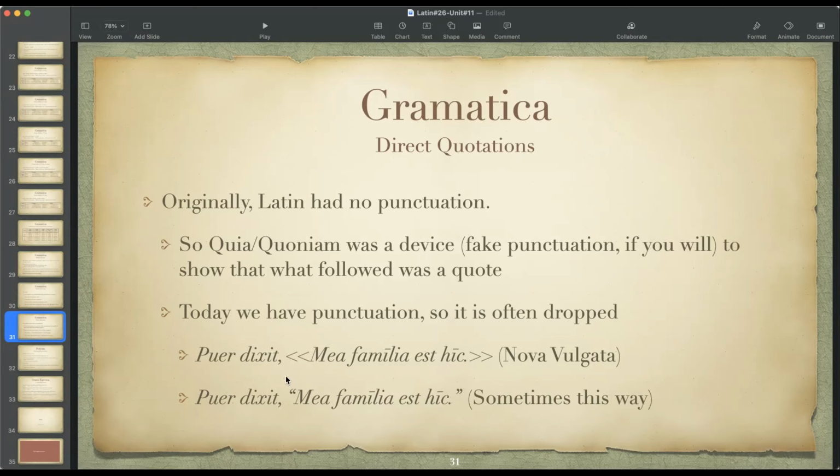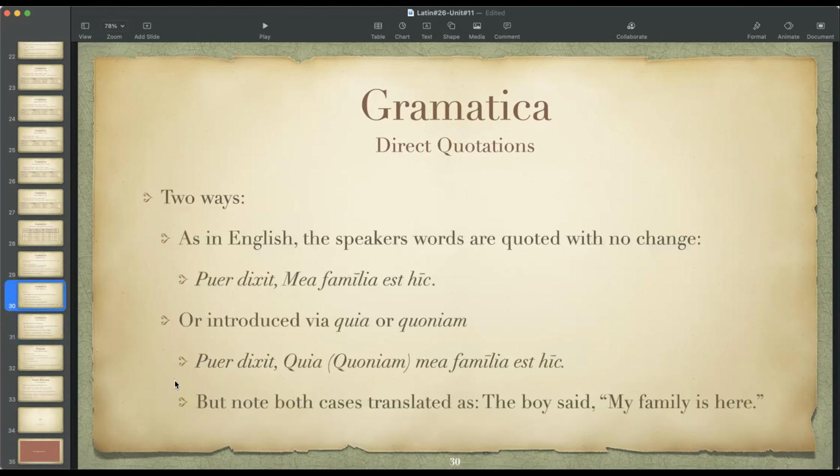So you will see in the Nova Vulgata, the new revised Vulgate, puer dixit, and then they don't use the quote mark that English does. They use the double less than greater than. Why? I don't know. But you will see puer dixit mea familia est hic. Sometimes you'll see it with regular modern English pronunciation, sometimes this way. More often than not, you won't see this.